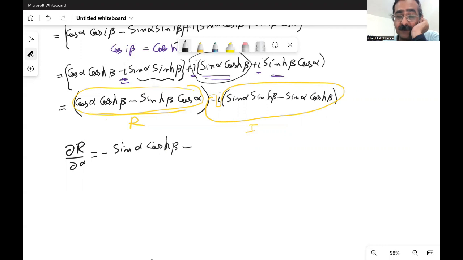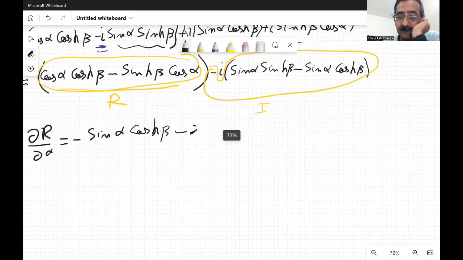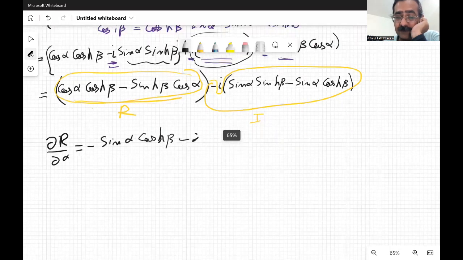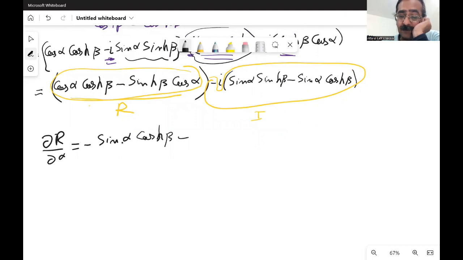Minus sine hyperbolic beta. The derivative of cos alpha is minus sine, so this will be a sine alpha, and this will become a plus.